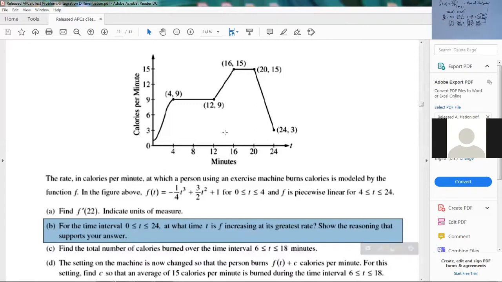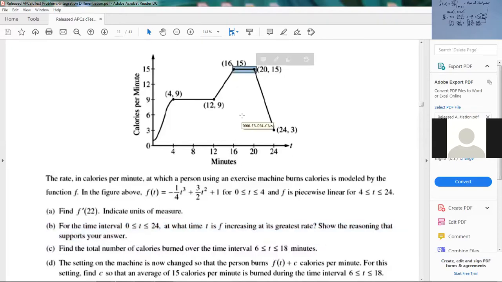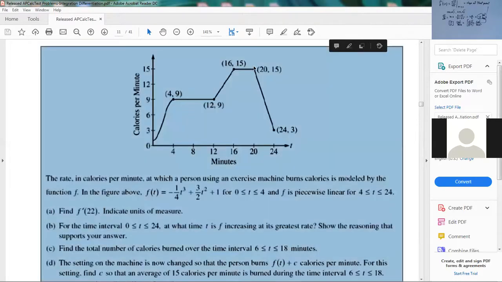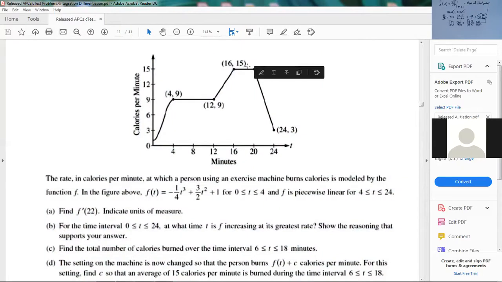Let's see here. Here is 0 because it's a horizontal line. So here the slope or the rate of change is 0. Here in this point is 0. Here is negative, the one we got.